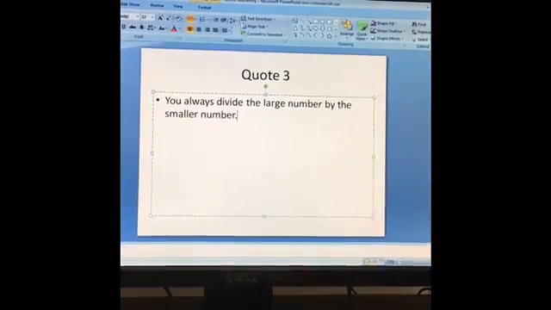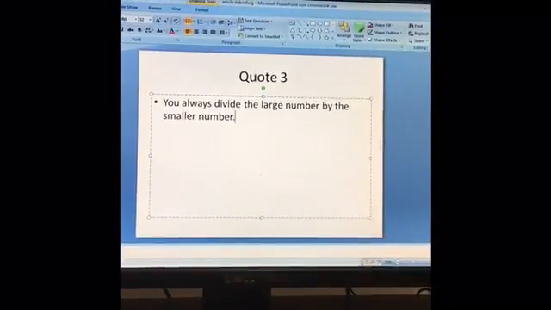Quote 3. You always divide the larger number by the smaller number. Reflection on quote 3. The rule "you always divide the larger number by the smaller number" may be true when students begin to learn their basic facts for whole number division.